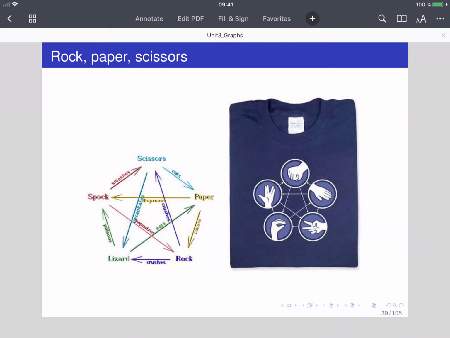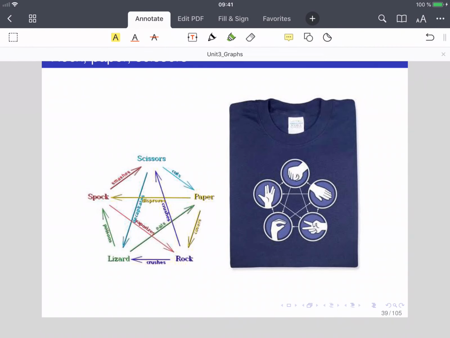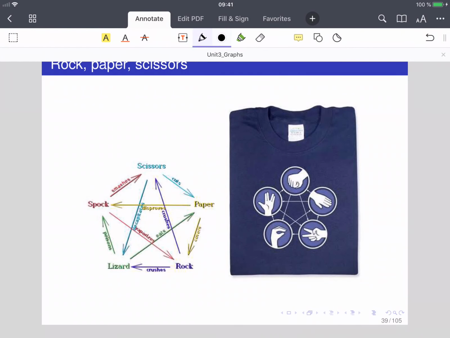Okay, so here you can see a representation of this game as a tournament in which we have as elements the different choices in the game, and as edges who wins against what.